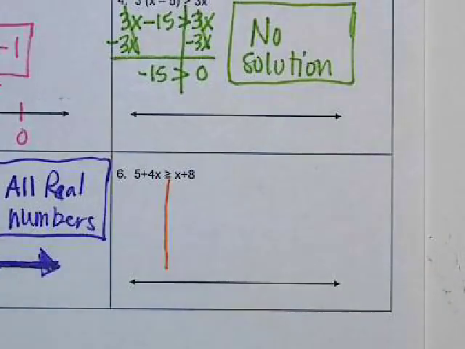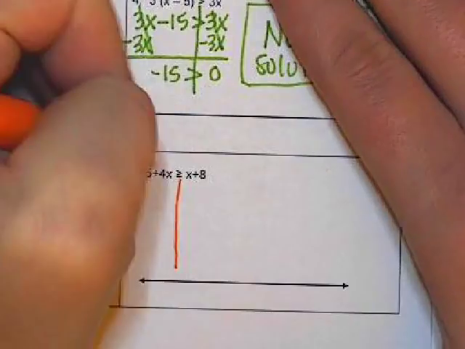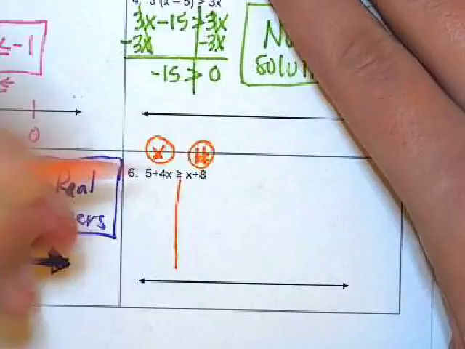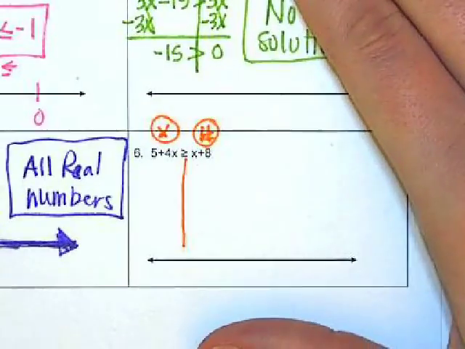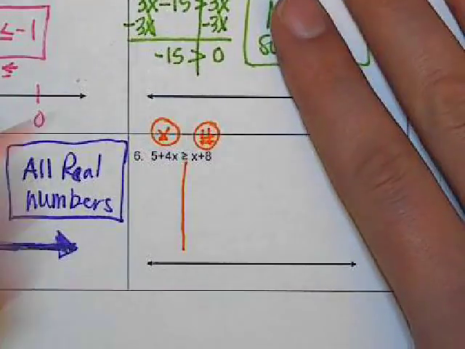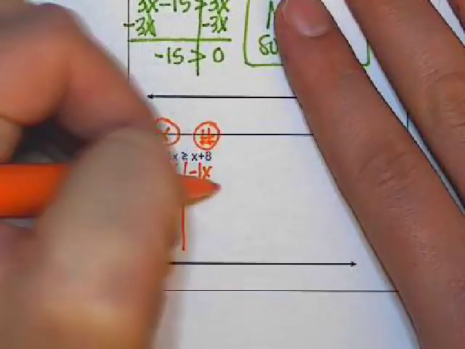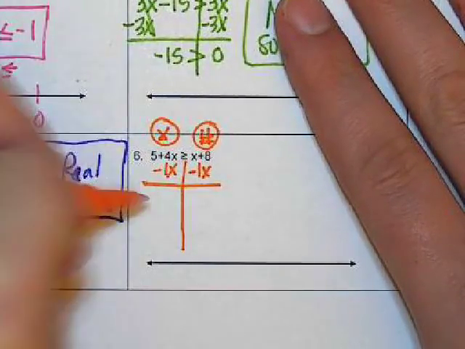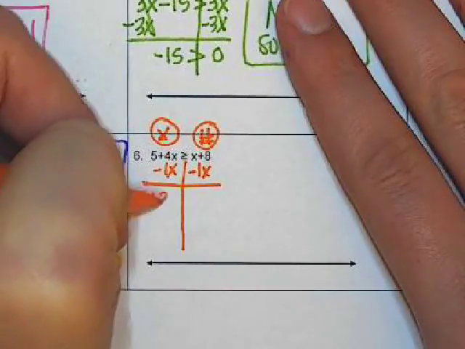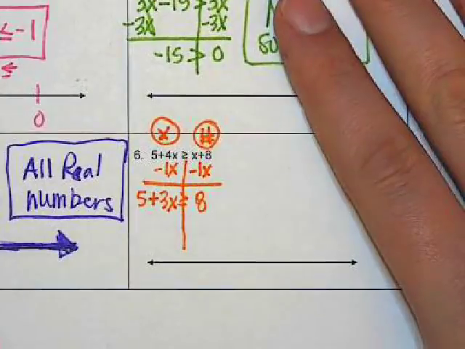Which x is bigger, 4x or 1x? 4x. So this is my x side. This is my number side. Which x do I need to move? The 1x. So minus 1x on both sides. 4 minus 1 is 3x, greater than or equal to 8.